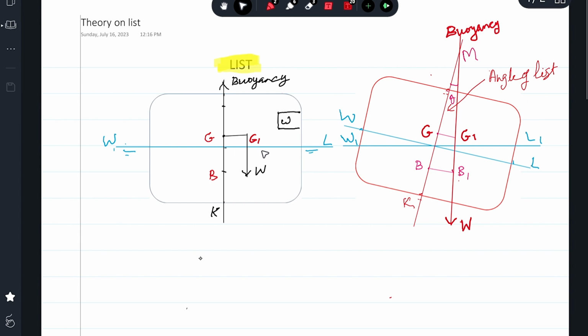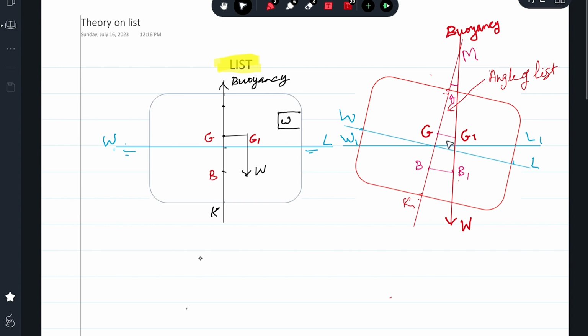The ship will start listing, inclining towards starboard side, until the center of buoyancy also shifts out, because the ship is now inclining towards starboard side. So there will be more water, more volume on the starboard side. So center of buoyancy will shift to the starboard side, and the ship will keep on listing until the center of buoyancy comes directly below the center of gravity.